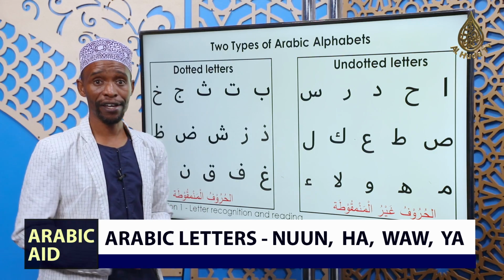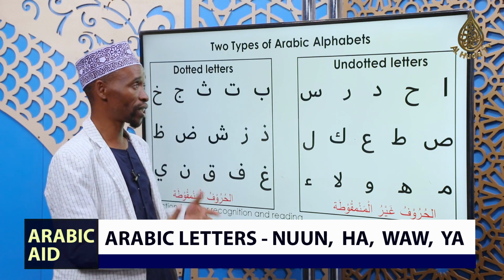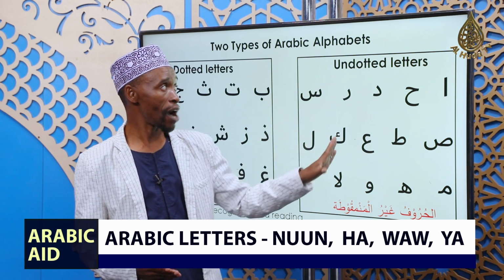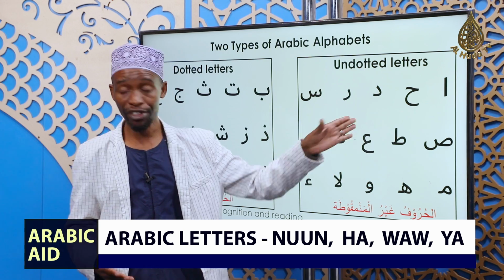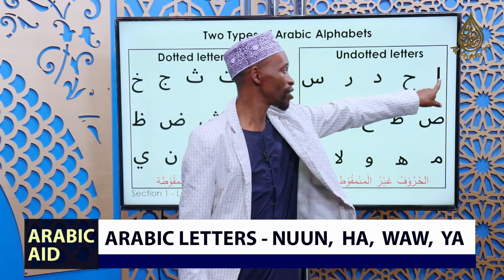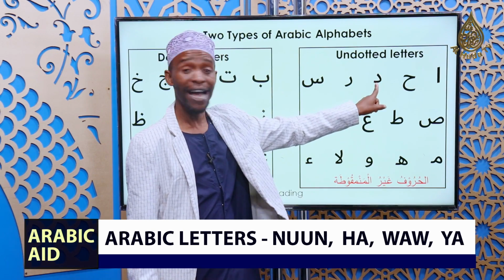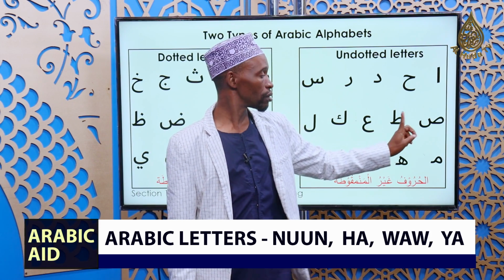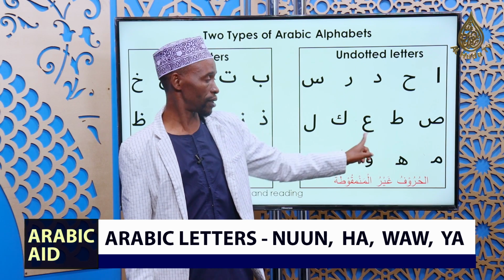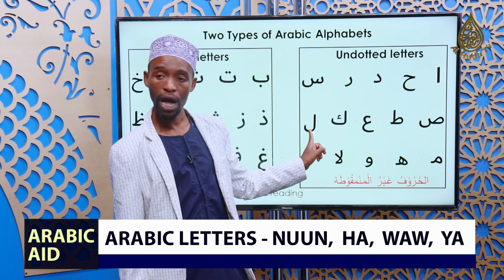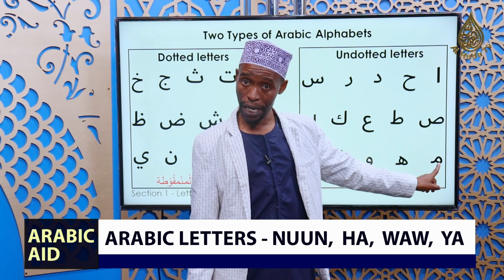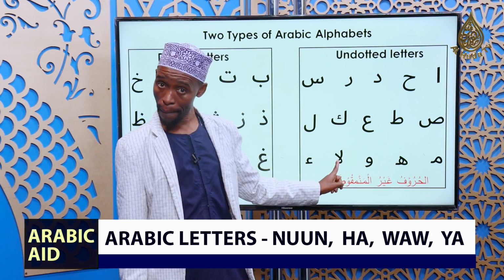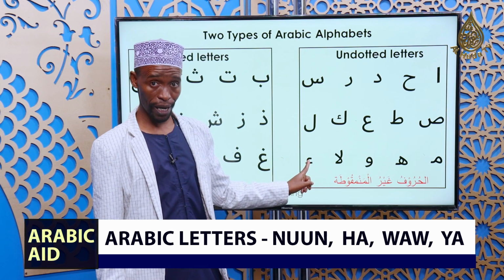Now identify the dotted and undotted letters. On this particular side, we have the undotted letters and they are as follows: alif, ha, dal, ra, sin, swad, ta, ain, kaf, lam, mim, ha, wa, lam alif, hamza.